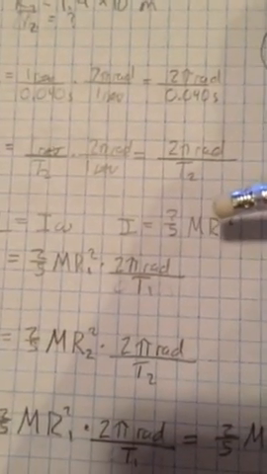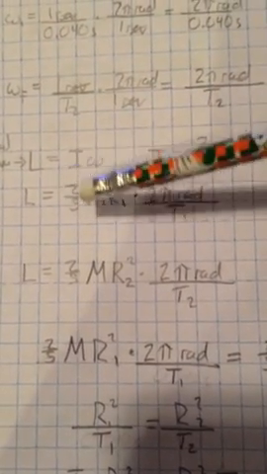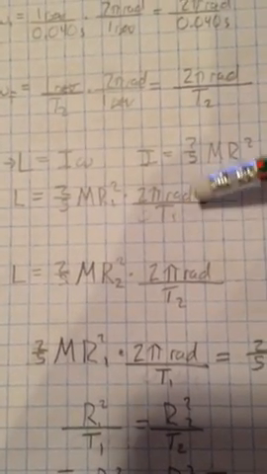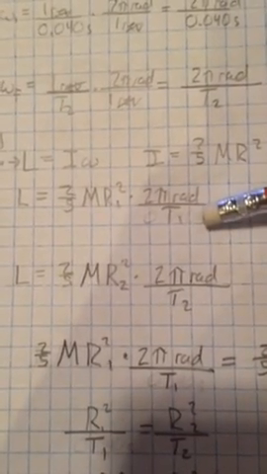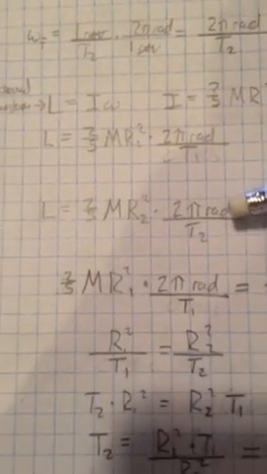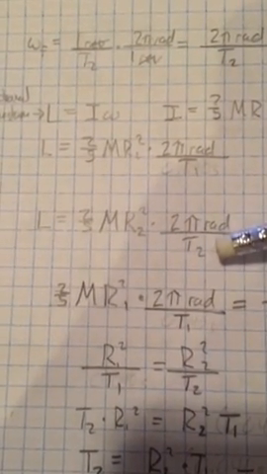So for this object, it is a solid sphere. It's a star. So for this object, I is equal to 2/5 mr squared. So for the first one, we get L equals I times omega, and it's 2 pi radians over T1, and that's just the first time. And then I did the same thing for the second time period when the star is a different radius.